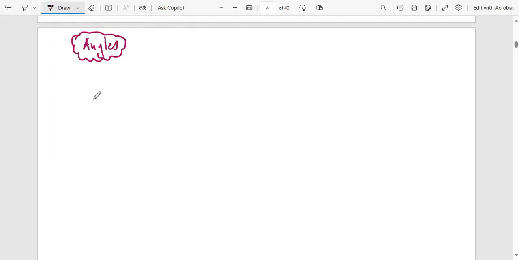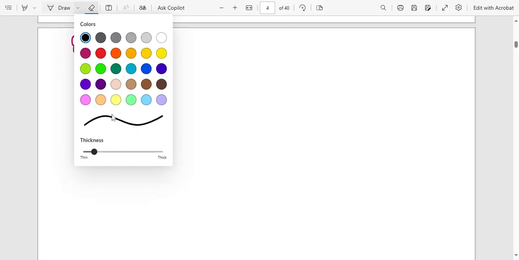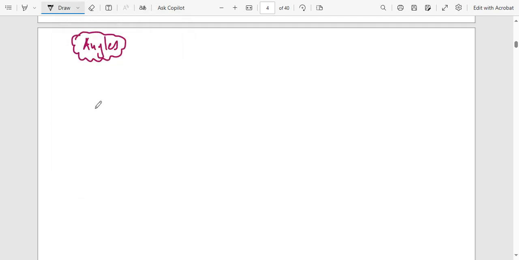Let me start with an angle that is less than 90 degrees. You can see this angle here. This is theta, and theta is less than 90 degrees.